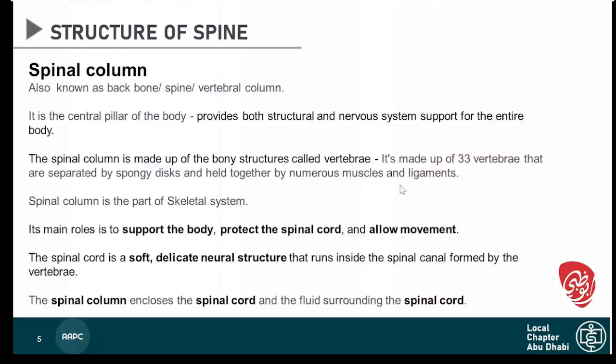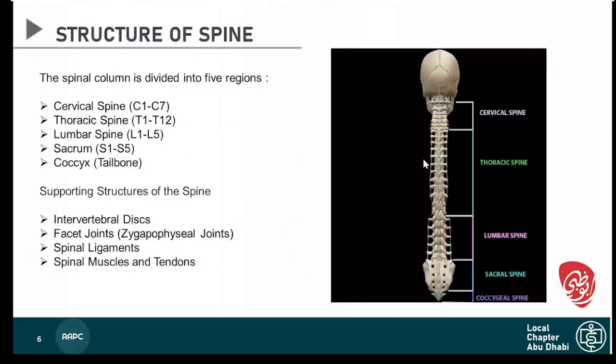So our spinal cord is protected by, or enclosed in, a structure called the spinal column, vertebral column, or spine. These vertebrae, or bones, are arranged sequentially, one above the other, and form a column-like structure.